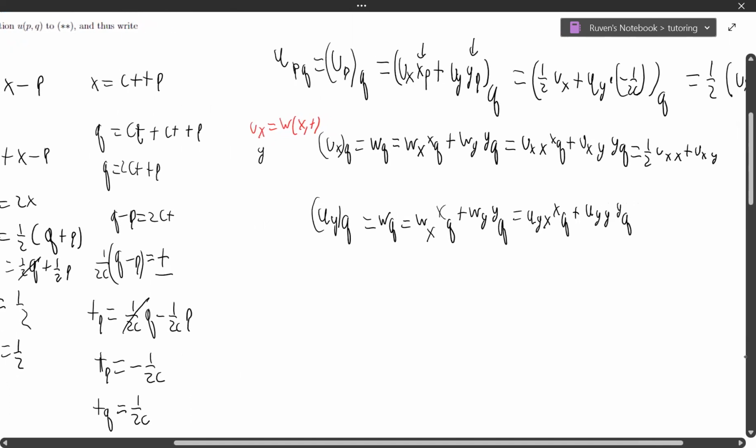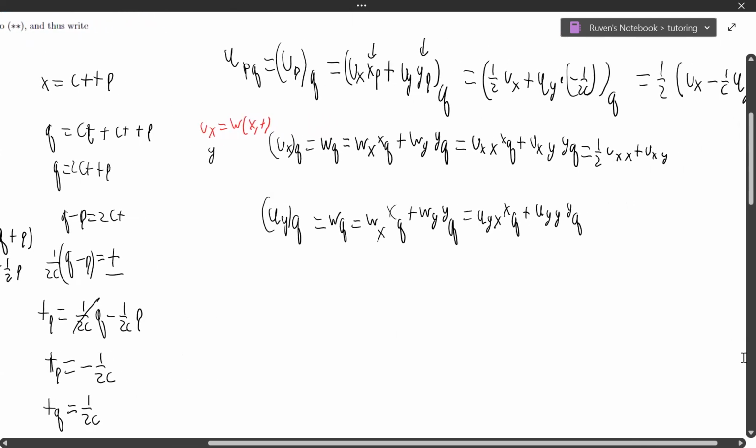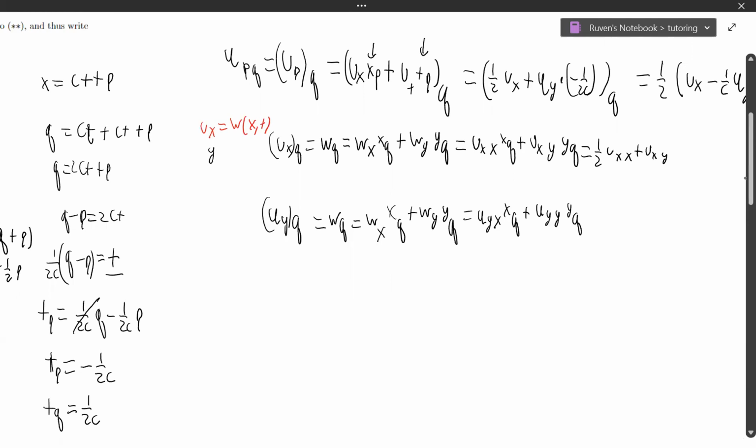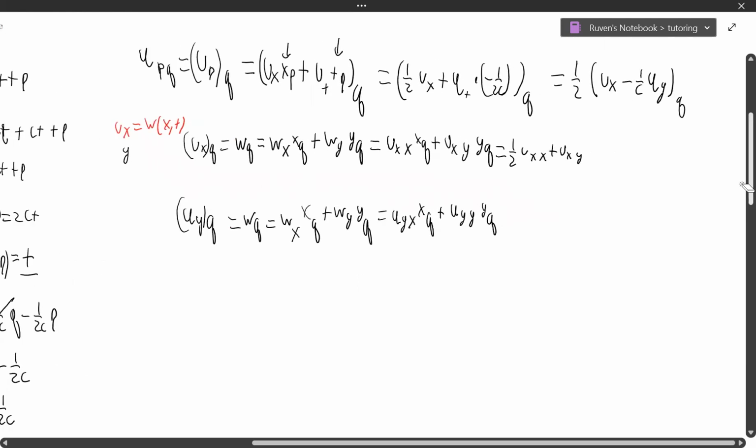Okay, so when I was saying y there, what I really meant to say was t, because our two variables are x and t. I'm sorry if that confused anybody. It just confused me too. But all of these should be t's, not y's. Hopefully that didn't confuse anybody too much.